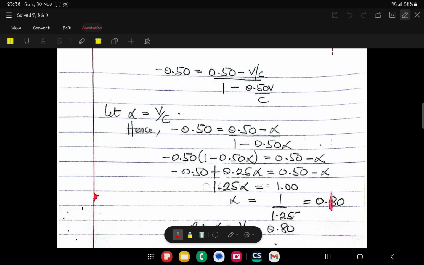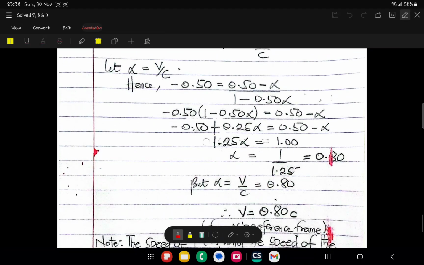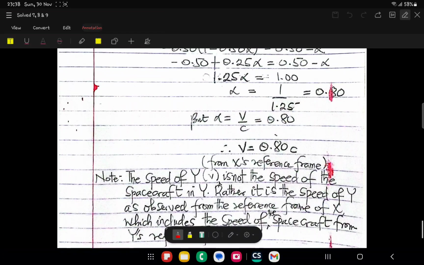To get v, we let alpha be equal to v over c. Inputting alpha and simplifying, we get alpha to be 0.8. Since alpha is v over c, making v the subject gives v is equal to 0.8 c. So this 0.8 c is the speed of Y in the reference frame of X.